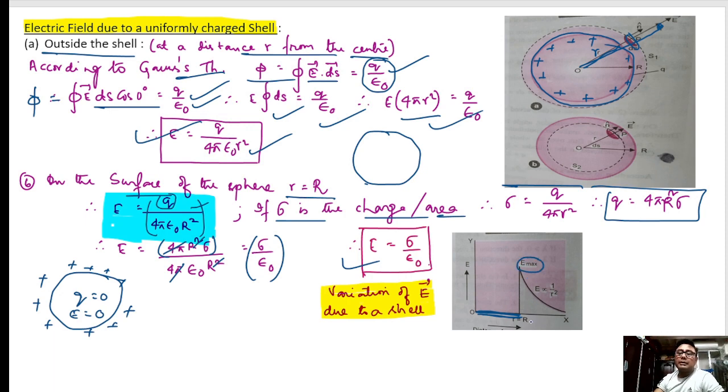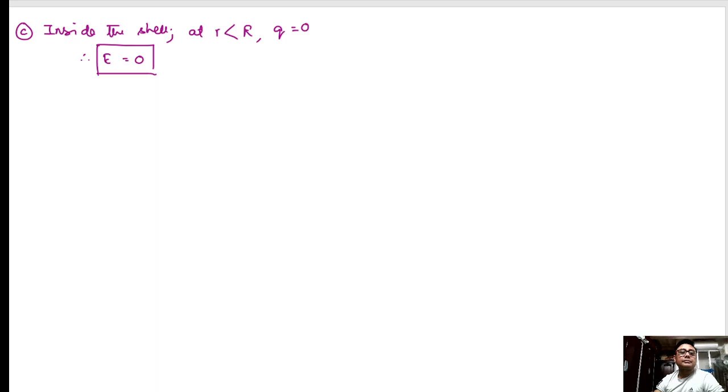And when r is greater than R, the electric field will be inversely proportional to 1 by r square. It will decrease very fast. This diagram is also very important. Next, inside the shell at r less than R, Q is 0, so the electric field is 0. Already we have done this.